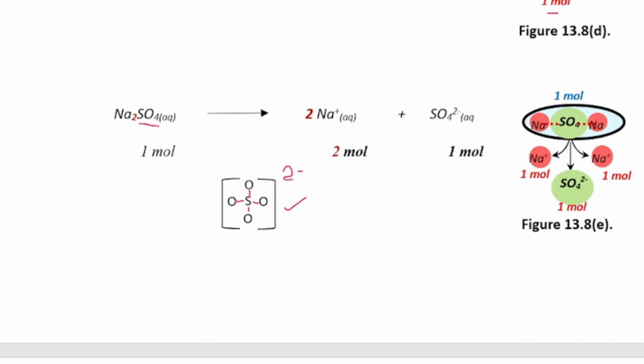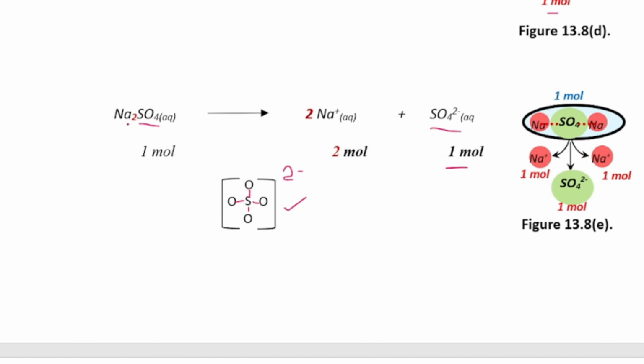Here you have a sulfur atom bonded together with 4 oxygen atoms. So when these move, you don't break them up, they move as a radical. So now you can see you're going to have only 1 sulfate ion, and so if 1 mole of this dissociates, you're going to get 1 mole of sulfate ion.